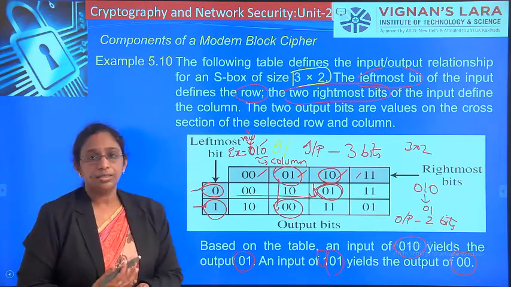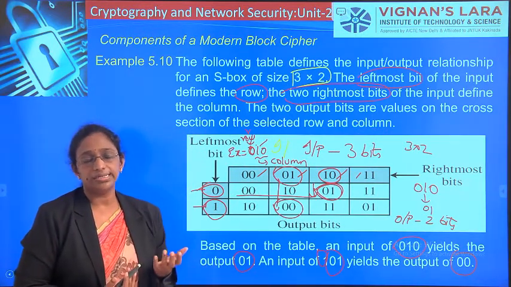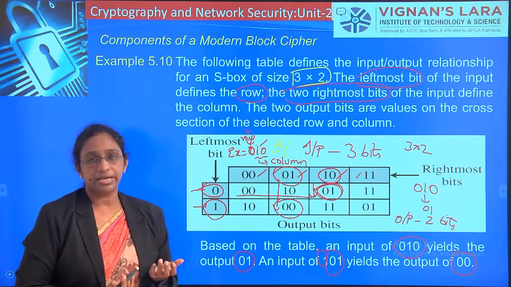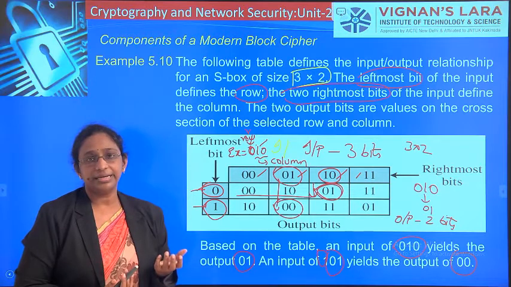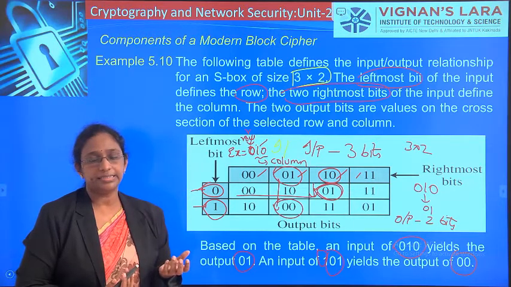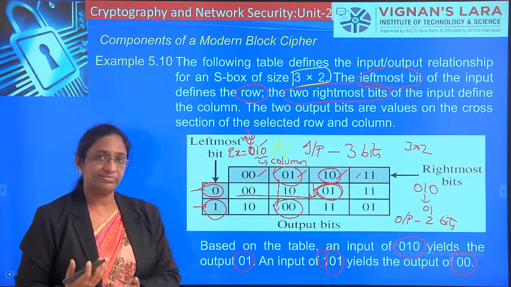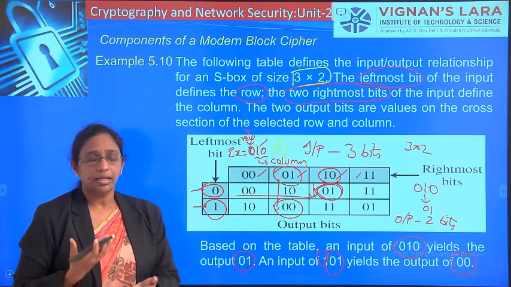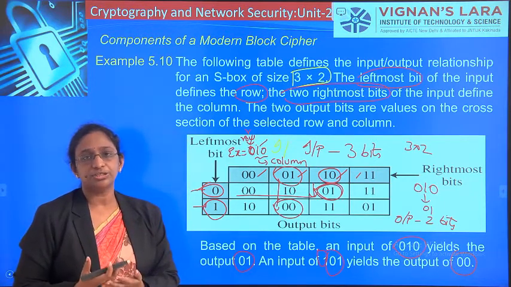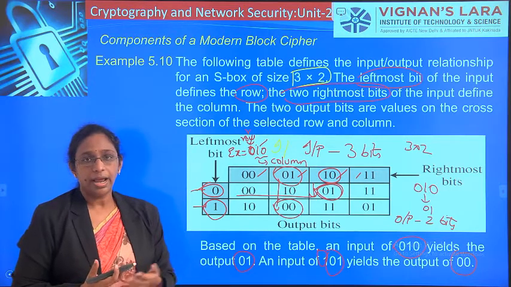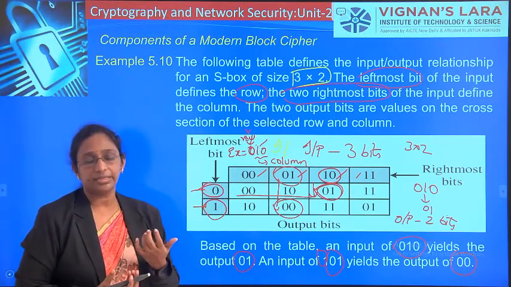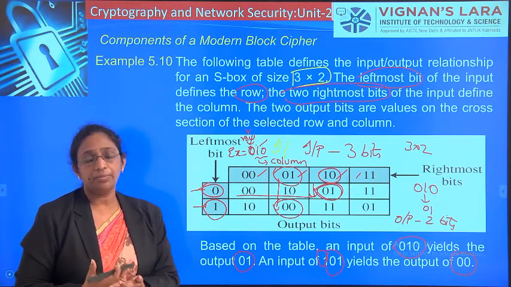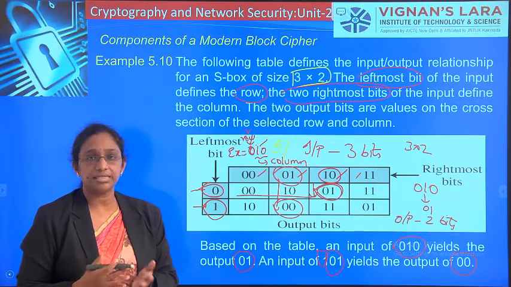So in today's class we have seen what a modern block cipher is. Block ciphers are used for confidentiality, where the sender encrypts the data and sends it to the receiver, who decrypts it. Confidentiality is used for hiding messages. We also saw some basic components of block ciphers, like P boxes, which are used for permutation, or transposing the bits.